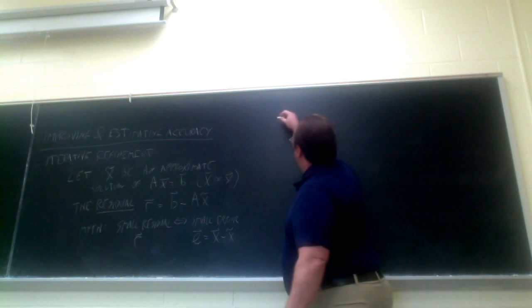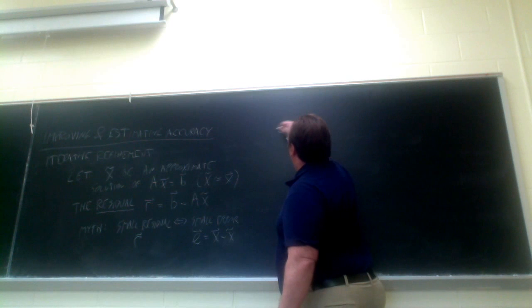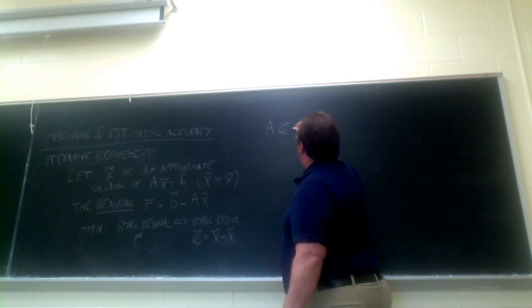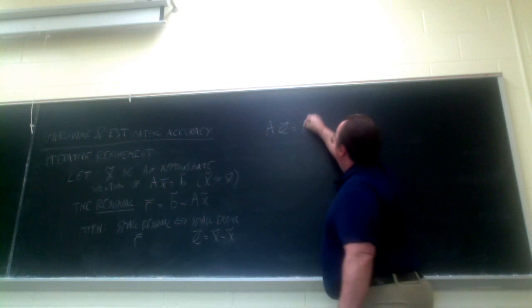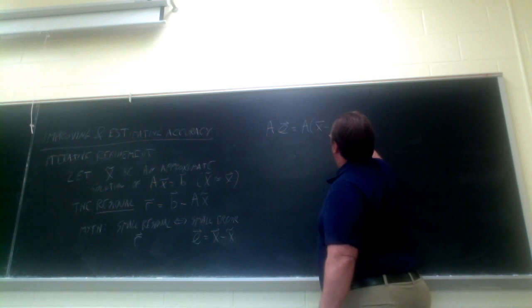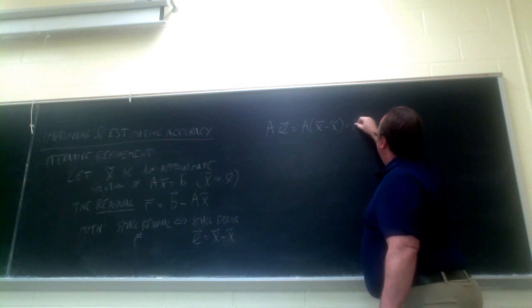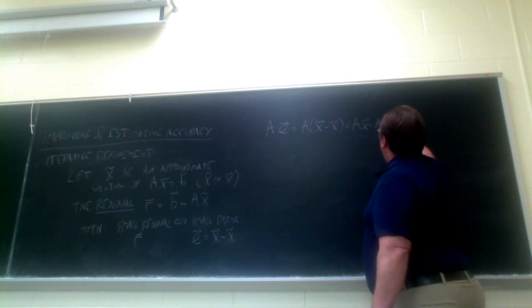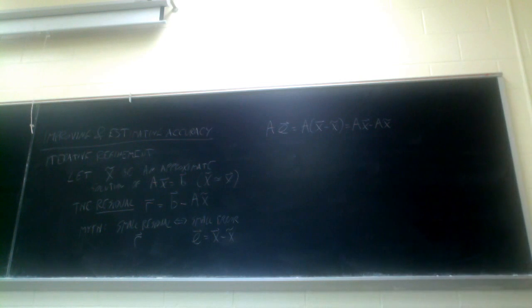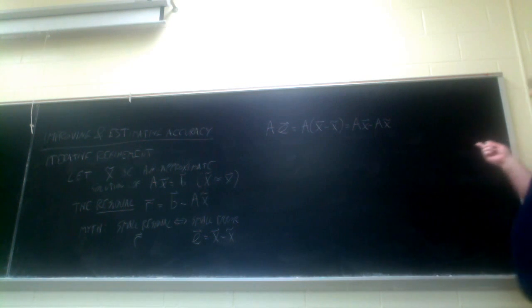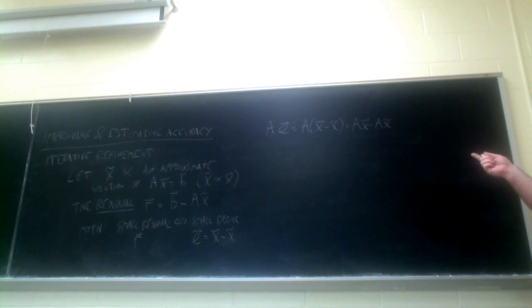So if I take my error and multiply it by A, I can use the definition: A times x minus x tilde is Ax minus A x tilde. Now, what can I do with that? A times the exact is what? b.